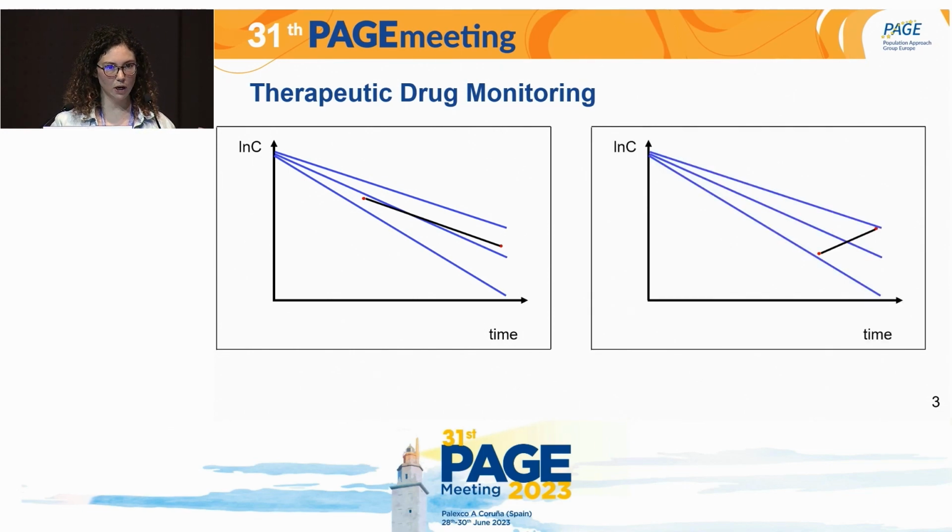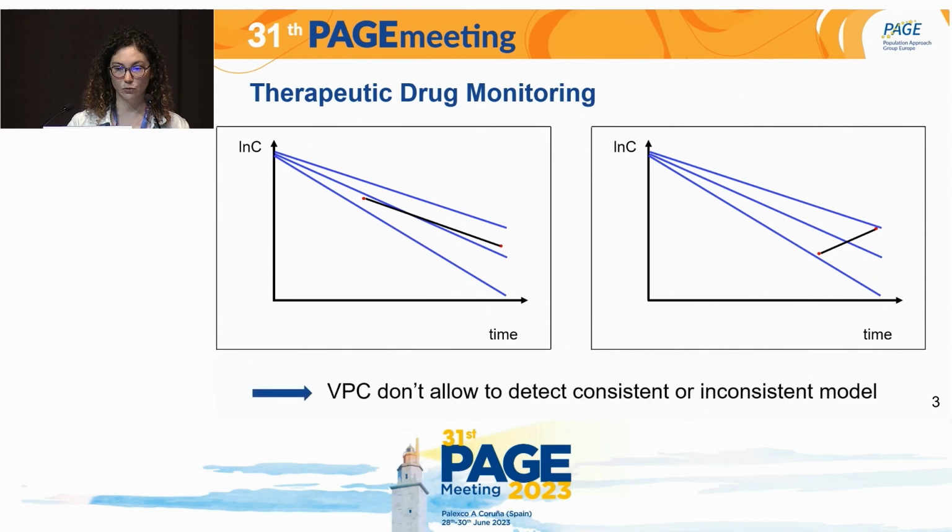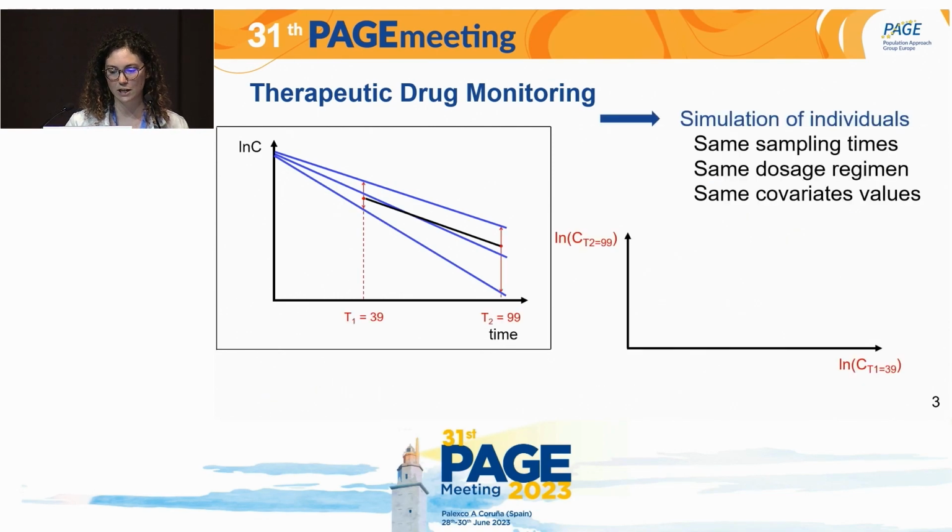But if you look at the second example on the right, both concentrations fall within the VPC interval, but this situation is pharmacologically impossible after an IV administration, as the second concentration is higher than the first concentration. So the VPC don't allow us to select a compatible model to perform therapeutic drug monitoring. That's why we chose to develop another method based on simulation.